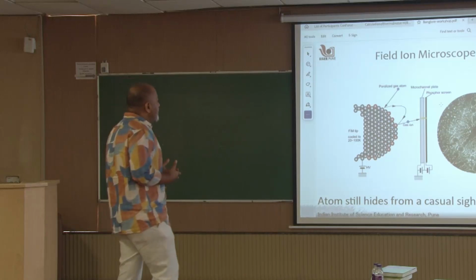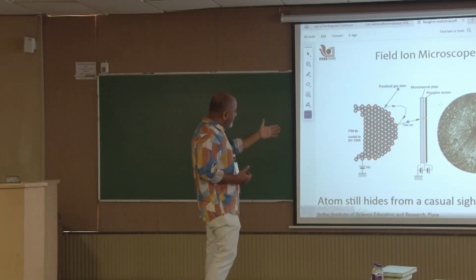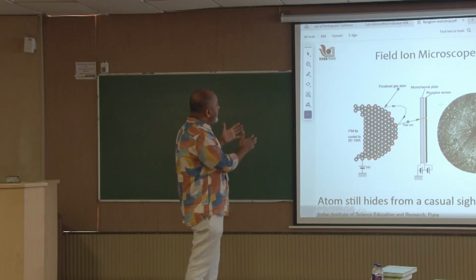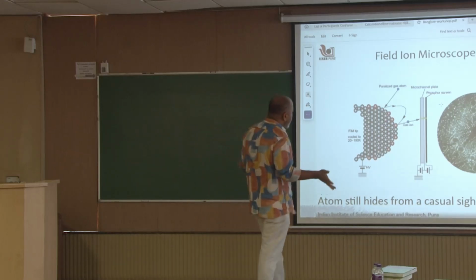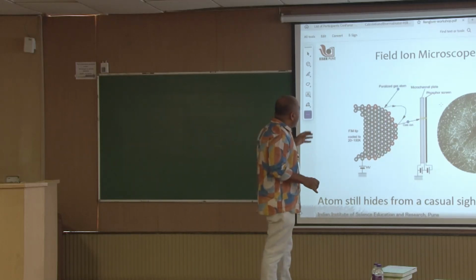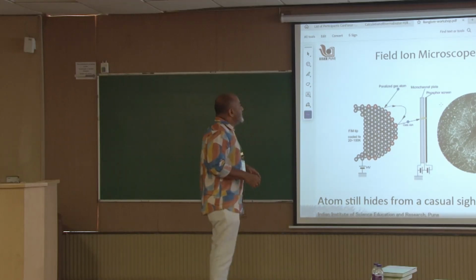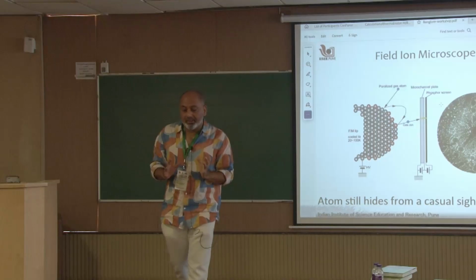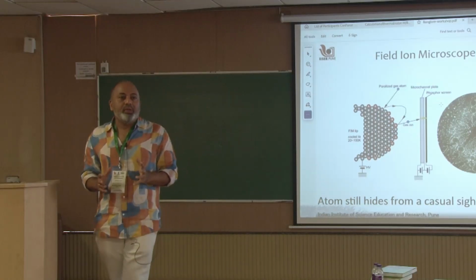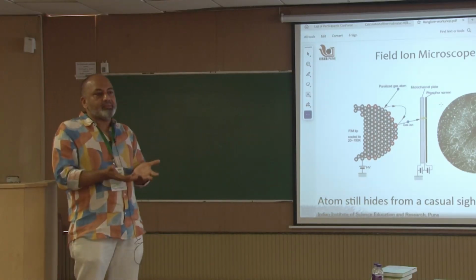But what is done here is that you make such a tip, and you pump out the whole thing, the air or the gas is taken out, and then you fill this whole chamber with polarizable gas atoms. So there are atoms which are spherically symmetric.